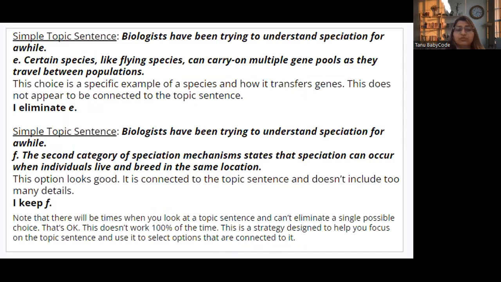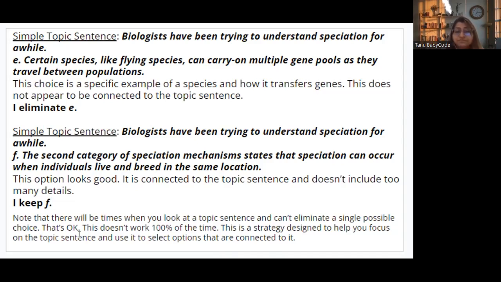Now, E talks about how certain species, like flying species, can carry multiple gene pools as they travel between populations. This is an example which is only focusing on types of species, like flying species, and how they carry multiple gene pools. So it does not connect to our topic statement.